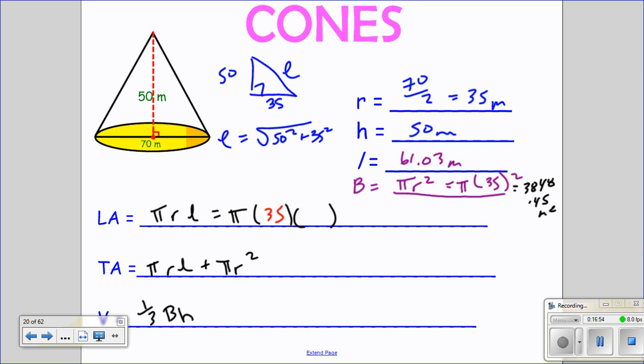Okay, our radius was 35. Our slant height, 61.03.